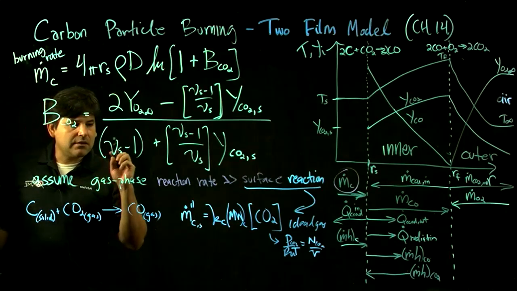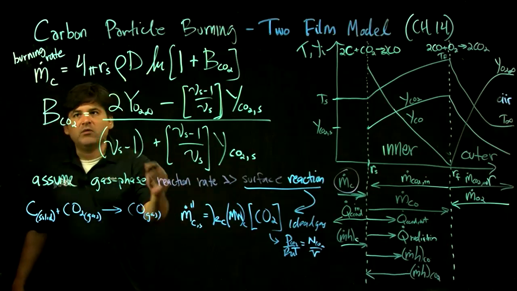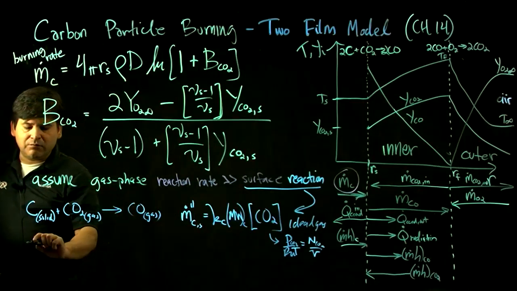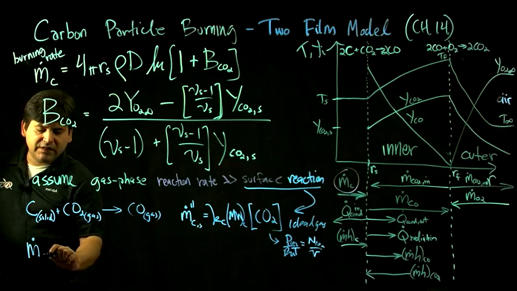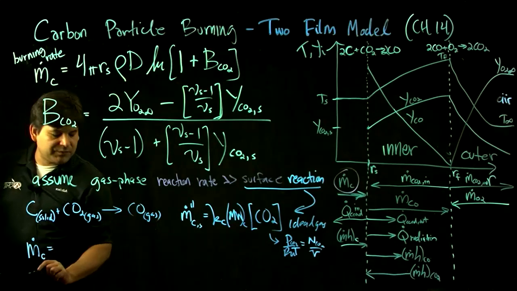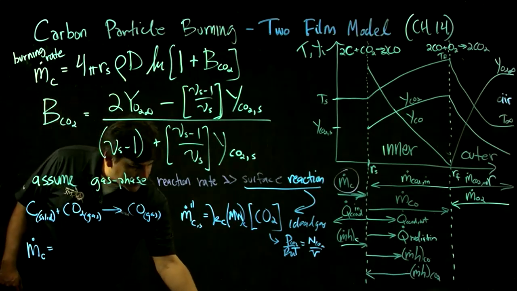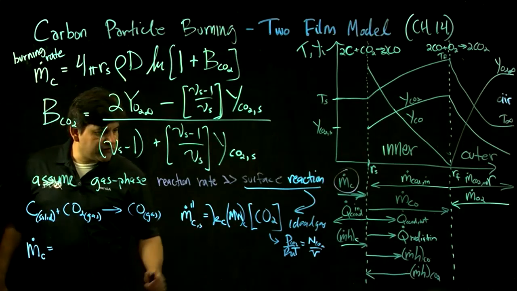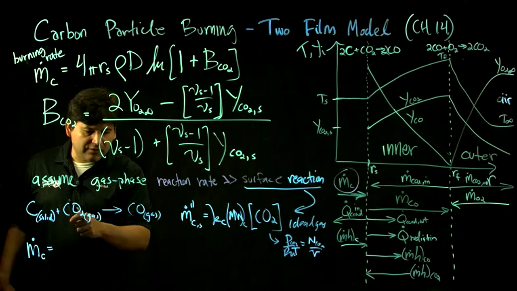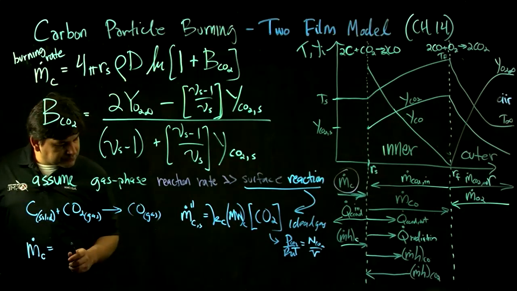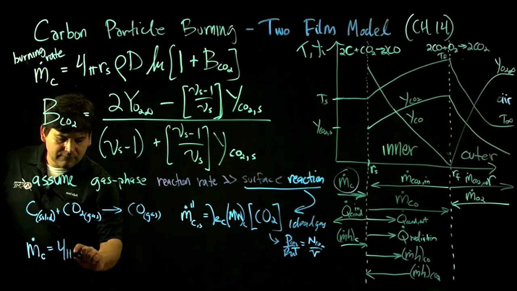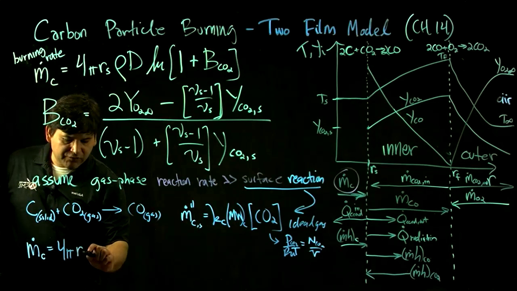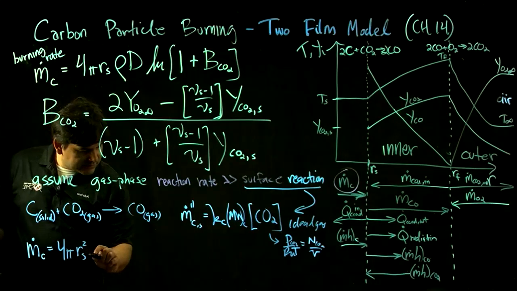So using that, based on the surface reaction rate, we can get another expression for the burning rate. Converting the surface kinetics to kilograms per second by using the ideal gas law and this first order reaction rate of the surface reaction, we can get this based on the surface kinetics.